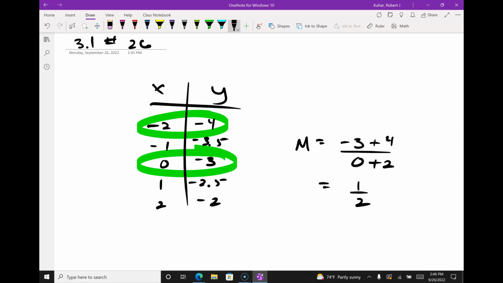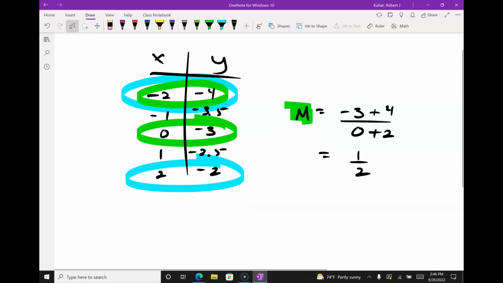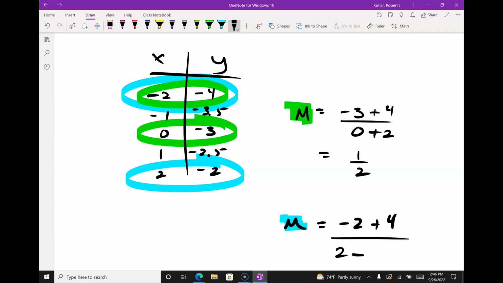You with me? Right? So that's my green slope. Let's pick the blue slope here. How about this one and this one? What's my slope here? -2 minus a -4. So that's -2 plus 4 over 2 minus a -2.